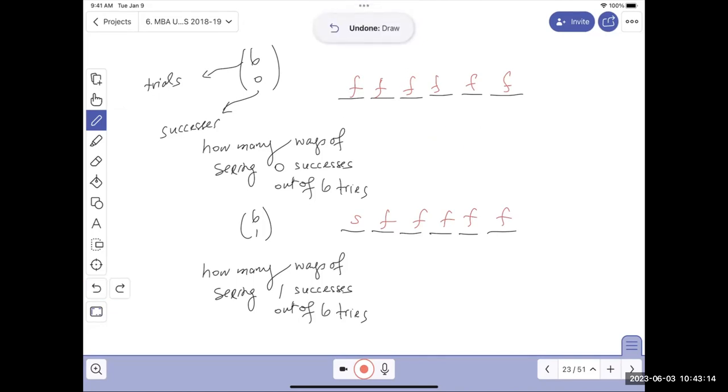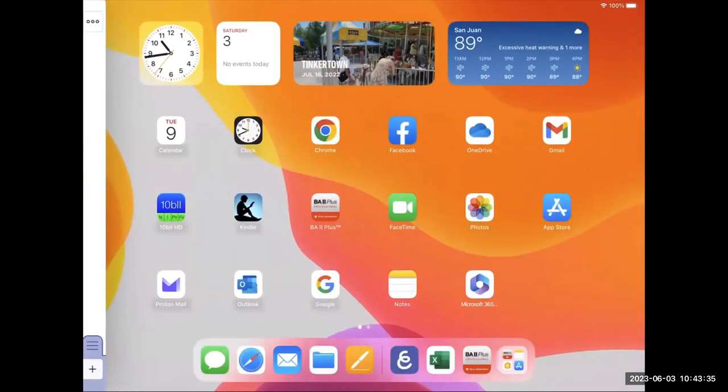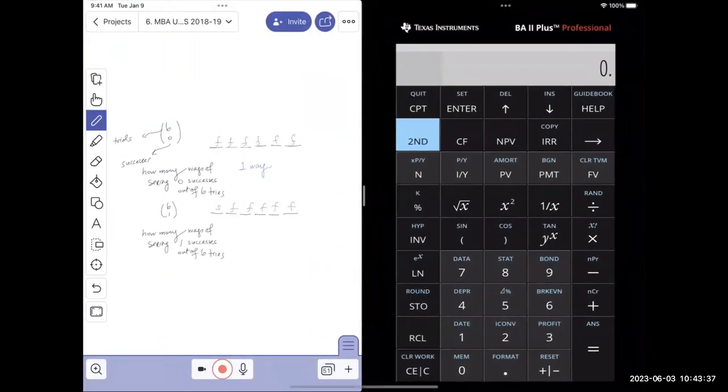I'll put it in blue. So try that on your calculator, so you can see that visually. The reason why we need the calculator is because we're going to think about more trials, not just 4 or 6. What about 1,000? What about 10,000? That's why we need the calculator and the computer.